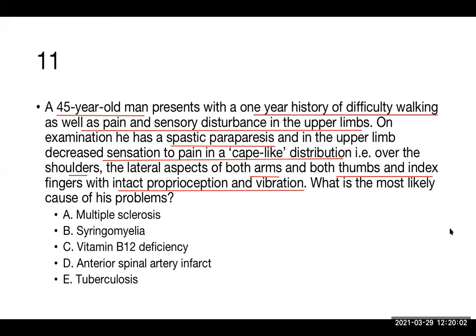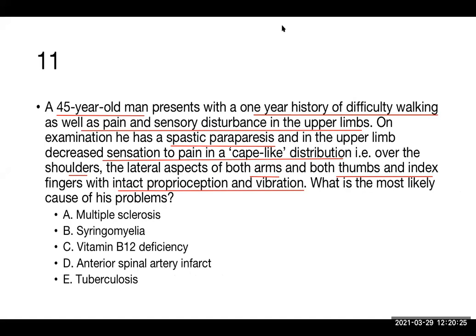Then I can reach the diagnosis. And of course, the diagnoses are provided here. One of them is the correct one. What is the most likely cause of his problem? Multiple sclerosis, syringomyelia, vitamin B12 deficiency, anterior spinal artery infarction, and tuberculosis.